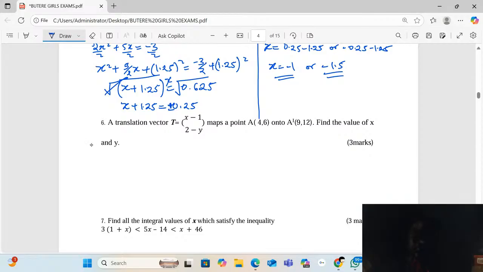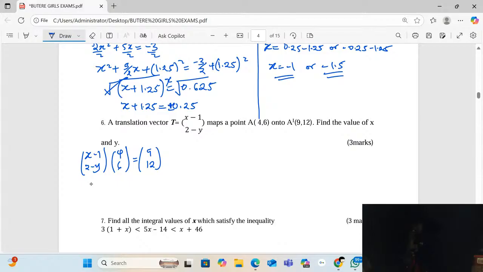So we have x minus 1, then we have 2 minus y. We're having 4 and 6. So using the transformation t, we are going to have our A prime, our image, 9 and 12.